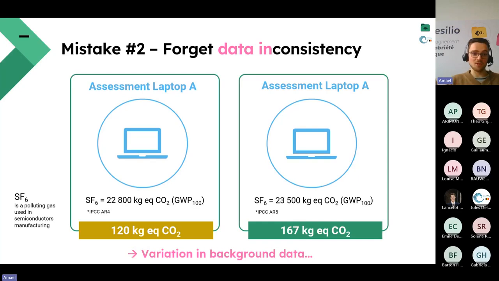And IPCC knowledge evolves over time. So if you take report 4 on one side, report 5 on the other side, you have two different values. And as you can guess, if you have different values at the very bottom of your assessment, the data at the outcome of your assessment will be biased too. So variation in background data, the data that everyone relied on, which are the scientific data, if you want to call them this way, may introduce a bias in your information if you forget to consider this inconsistency.